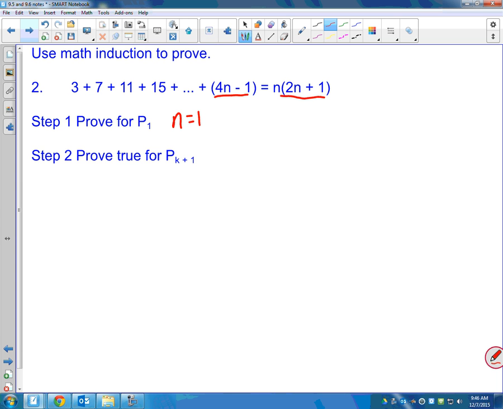So when n equals 1, I'm going to get 4 times 1 minus 1 equals 1 times 2 times 1 plus 1. Well, 4 minus 1 is 3. 2 times 1 plus 1 is 3, times 1 is 3. Okay. I don't know that you have to check it. I like to check it.